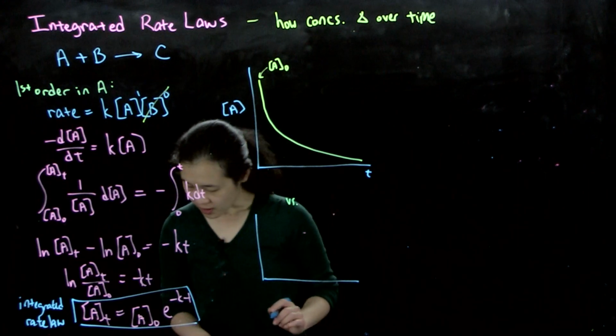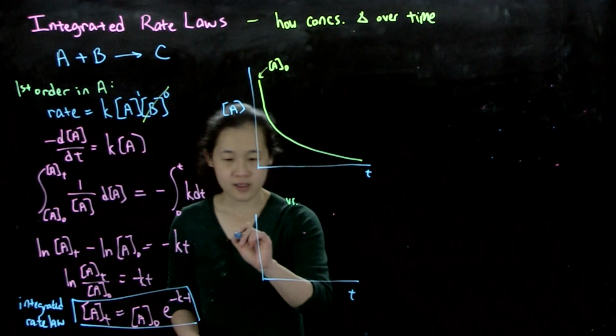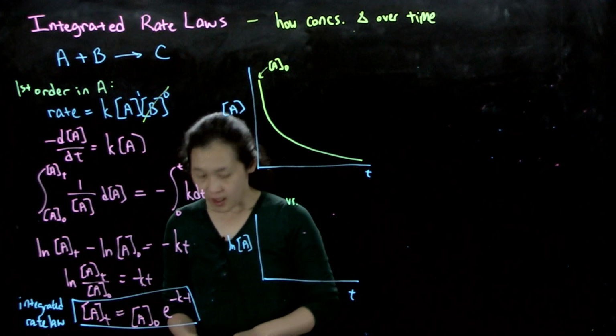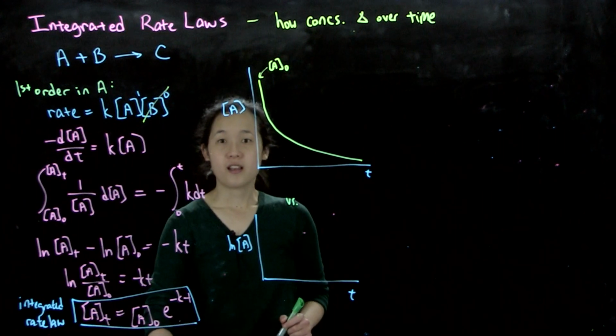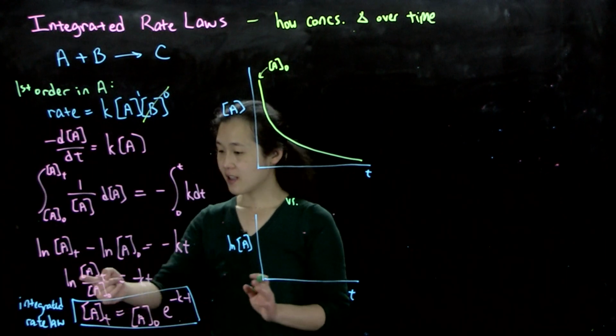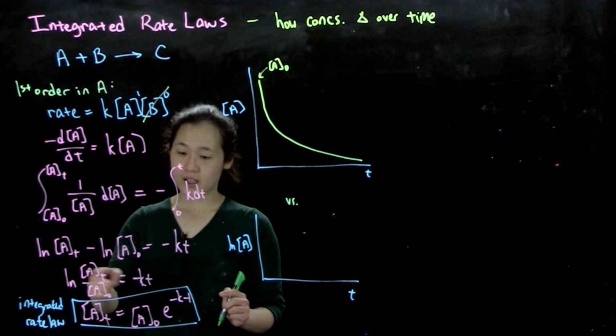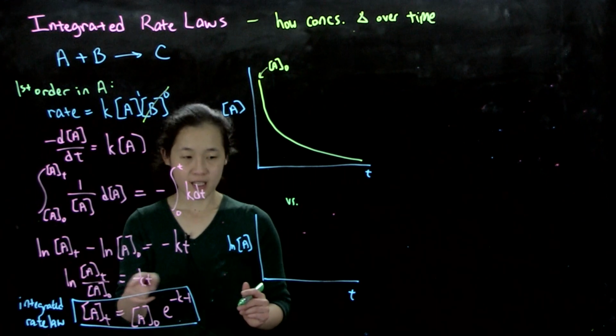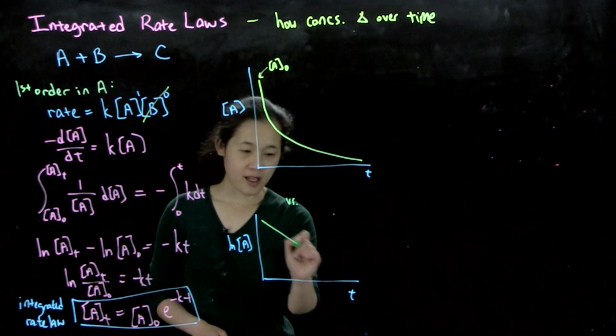Alternatively, we could also try to plot t versus the natural log of the concentration of A. If we plot the log, it's going to be linear versus time, so negative kt. Therefore, we should expect to see a line.